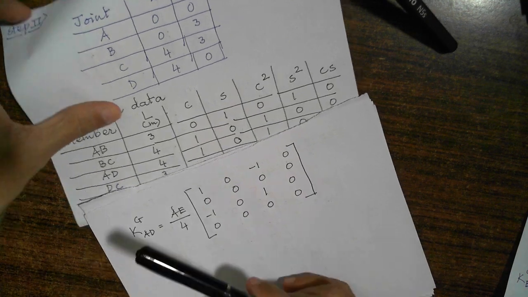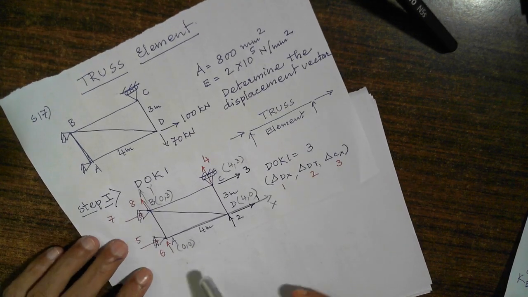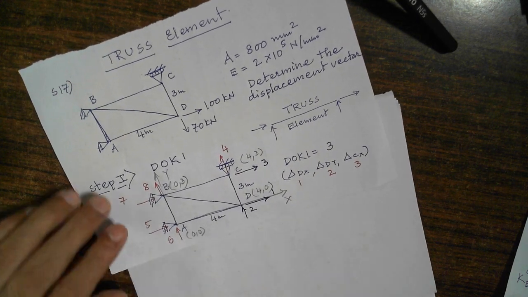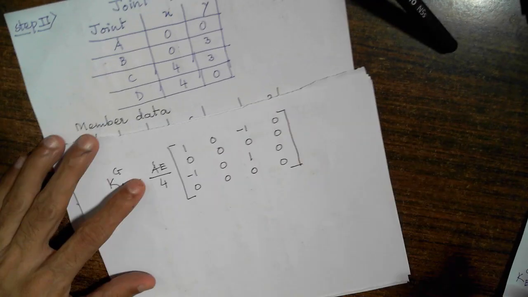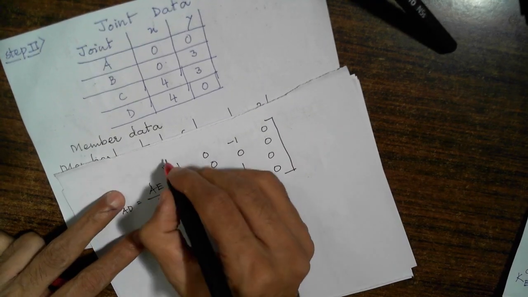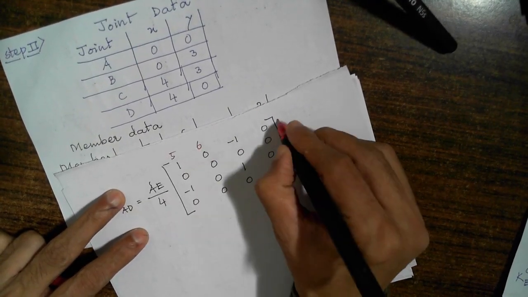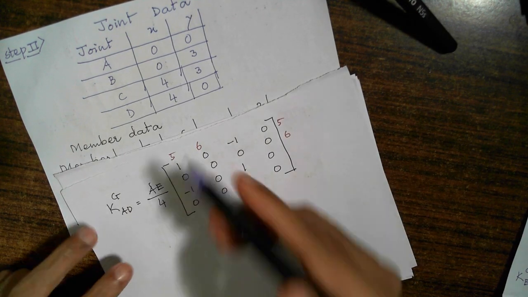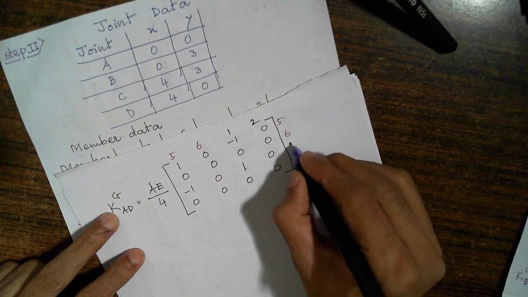Now how is my member AD? Again I am going back. My member AD has coordinates 5, 6, 1, 2. So I am writing the coordinates 5, 6, 1, 2 at my member AD, like this: 5, 6, 1, 2 by 5, 6, 1, 2.